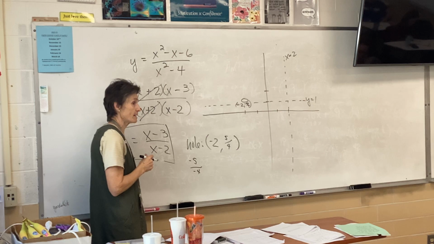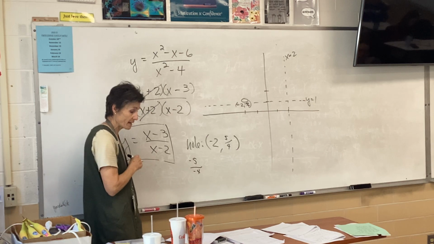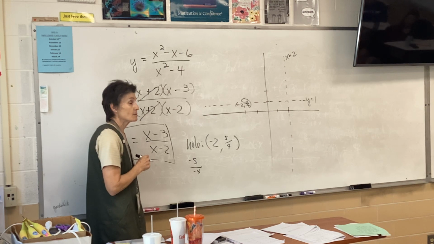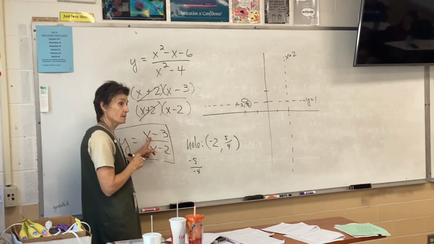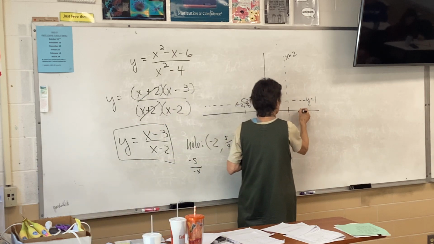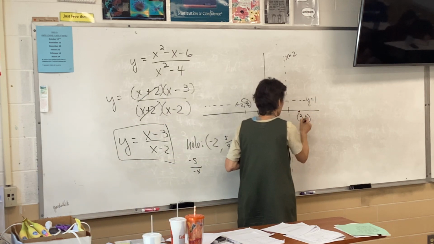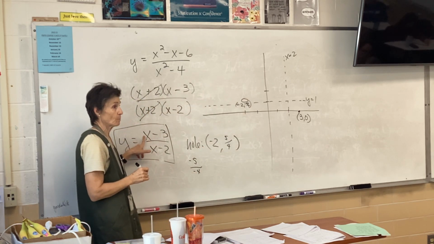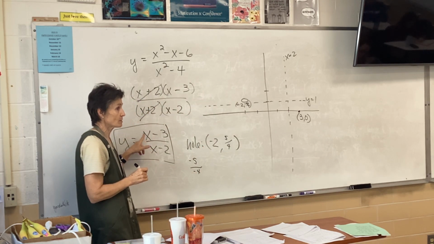I gotta get my intercepts. That's the only thing left. I have to find my x-intercept and my y-intercept. So I have an x-intercept at 3, because where do x-intercepts come from? They come from the numerator. What makes the numerator 0? So that would be 3.